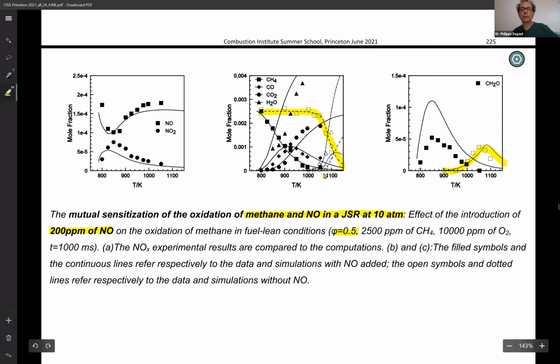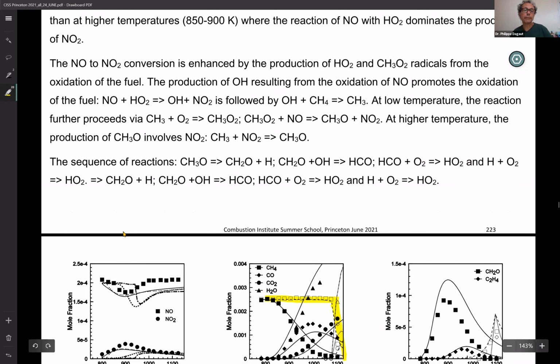So huge effect, even bigger when you increase pressure. And similarly, the conversion of NO into NO2 is also stronger than what we could observe here at atmospheric pressure.